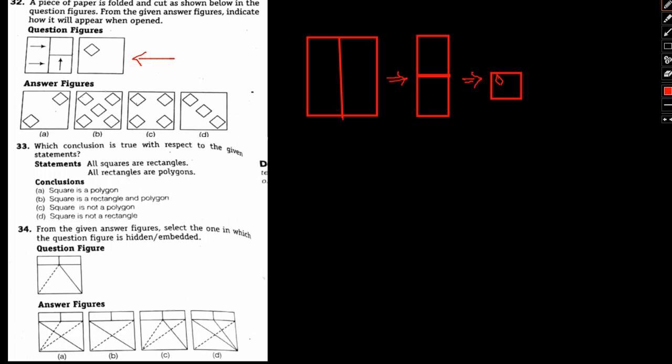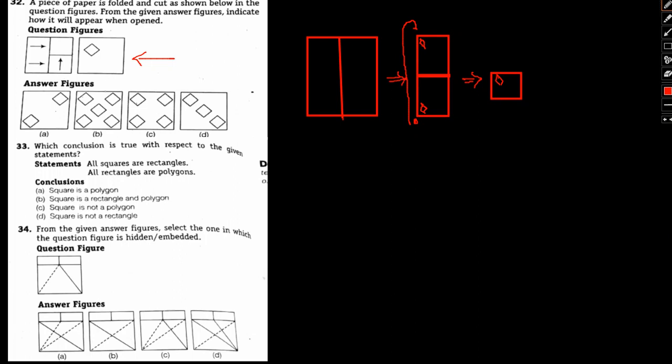Since the paper is folded and a hole has been made, in the top corner there'll be a hole on this end, and since this particular end will go up and meet with this end, there will be a hole on this end as well. So two ends will have holes.